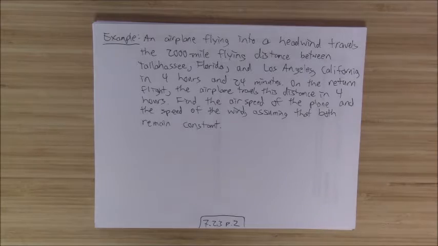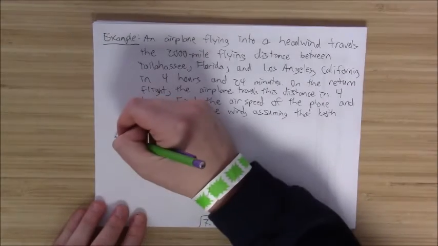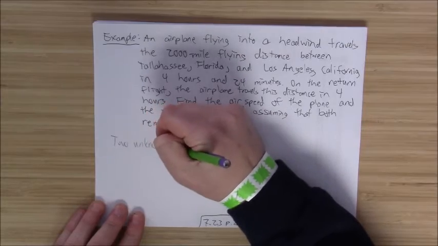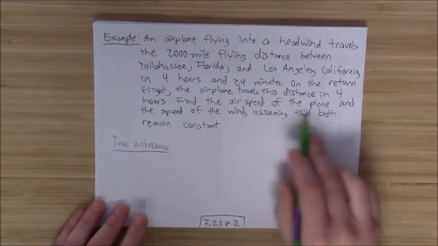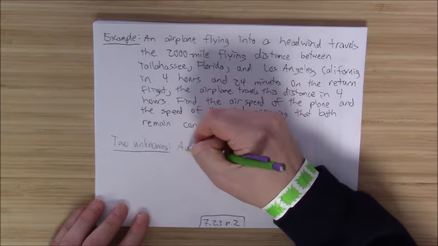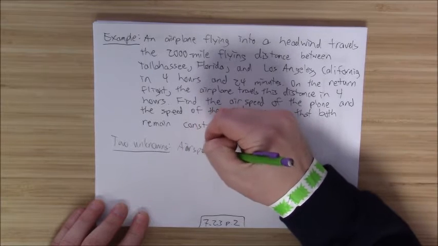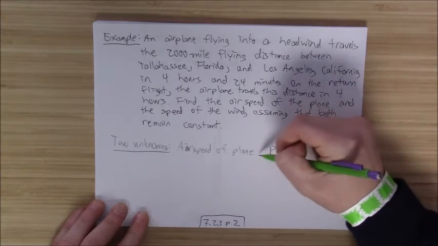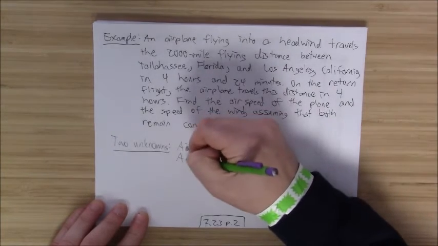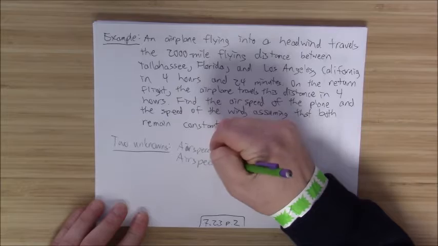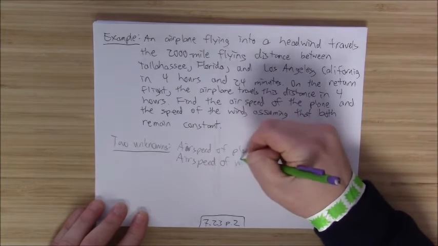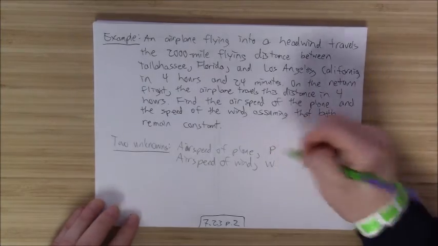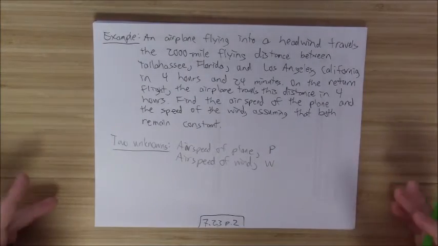Here, we actually have two unknowns. So what are our unknowns that we want to find? The first is the airspeed of the plane, which I'm going to denote as P. And the airspeed of the wind, which I'm going to denote as W. And then we also have two conditions.